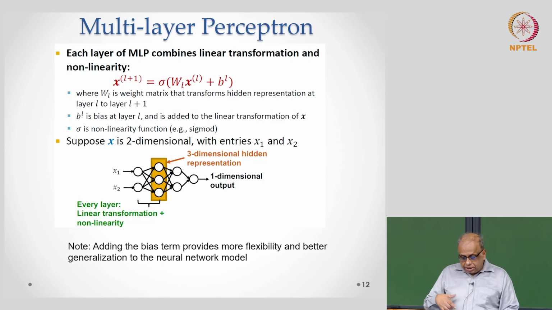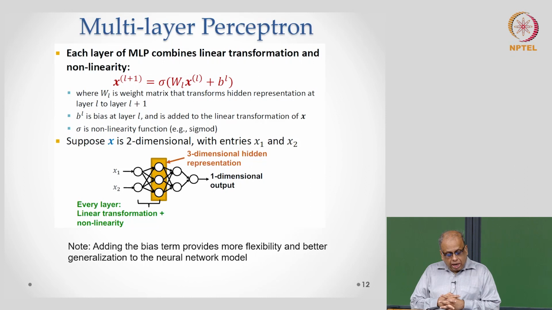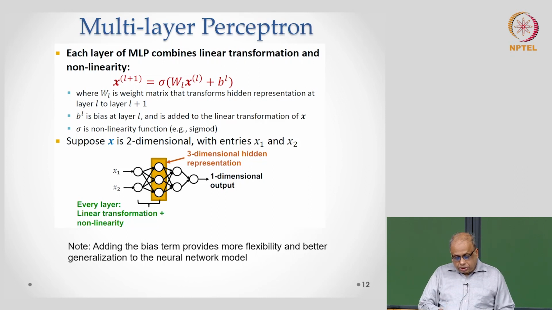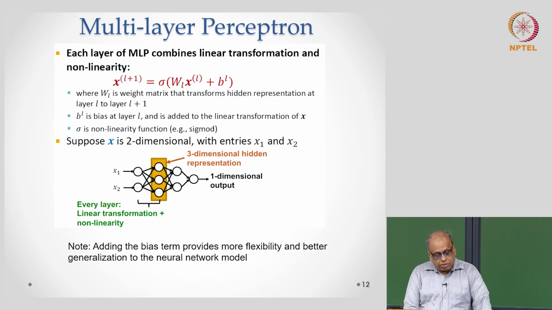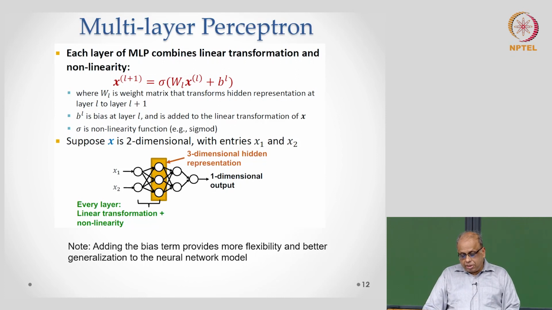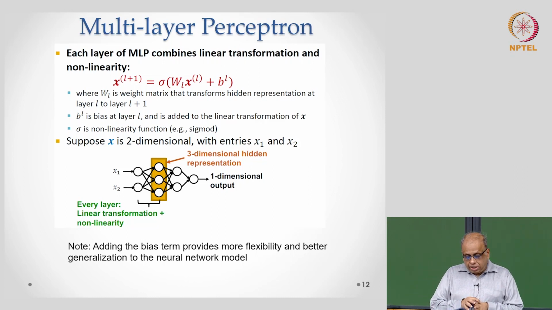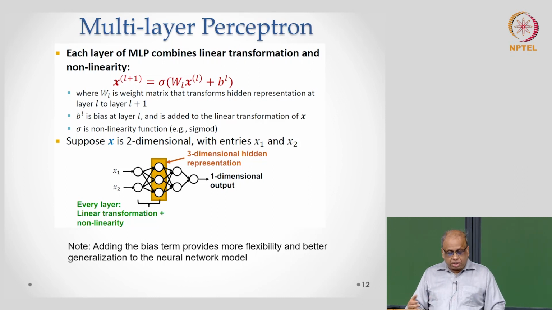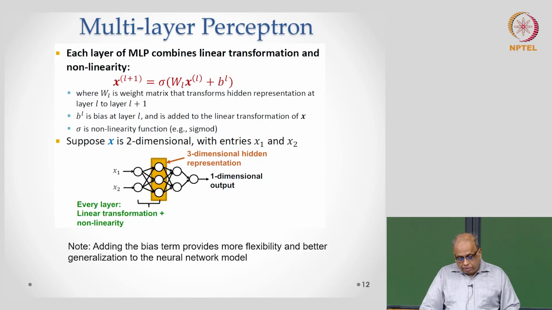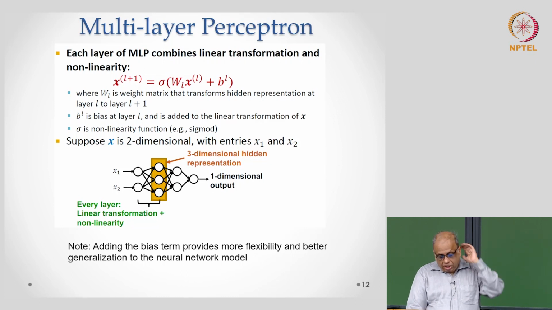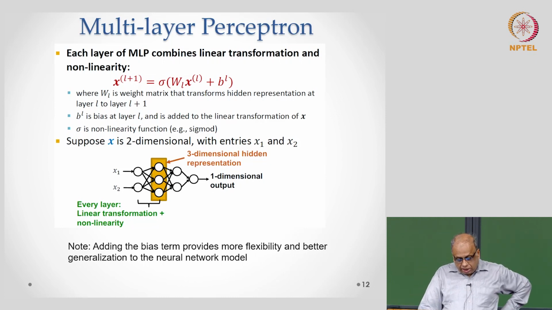Adding the bias term provides more flexibility and more generalization. When you add these terms, the weights times the inputs plus the bias, it is a linear combination. Then you add a nonlinearity to that using an activation function to get the final output. We will look into why we add the nonlinearity a little later.